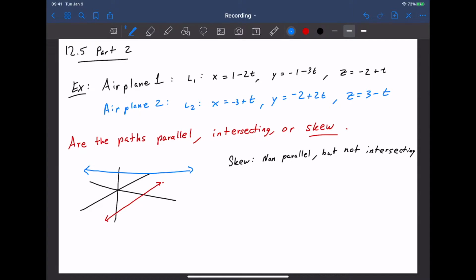I also want to clarify an important thing. Sometimes the problems will ask you about collisions, and some problems will ask you about intersections. Lines can intersect without colliding.